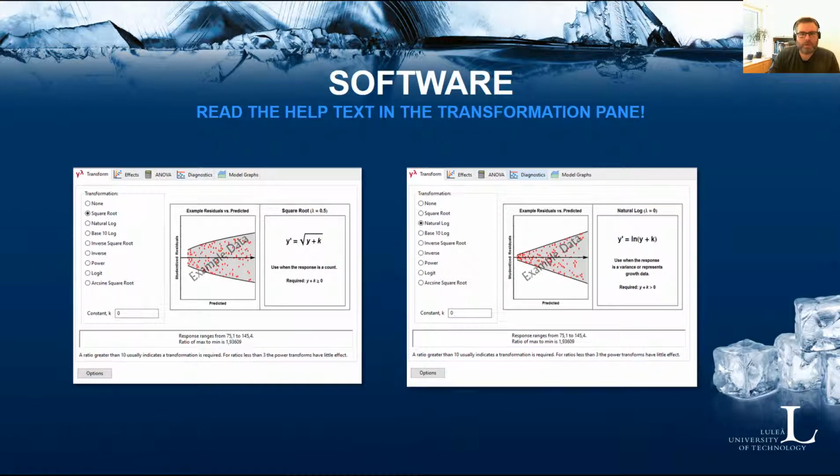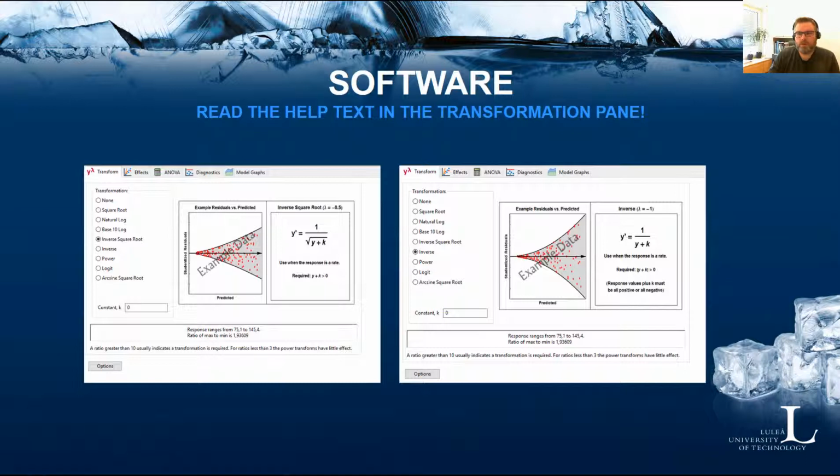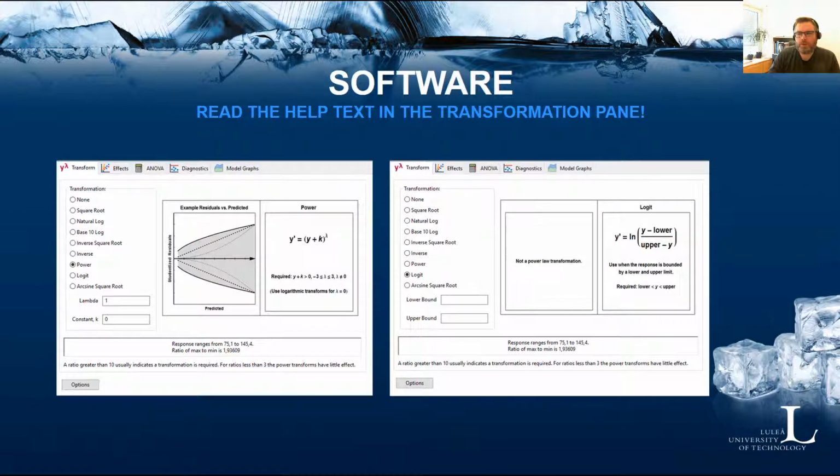And we can quickly run through the next two. You have the inverse square root when the response is a rate. You have the inverse when the response is a rate. So there are two versions of that to solve that problem. And then you have the power family, which is also part of what you get from the Box-Cox plot, or the recommendation you get from there.